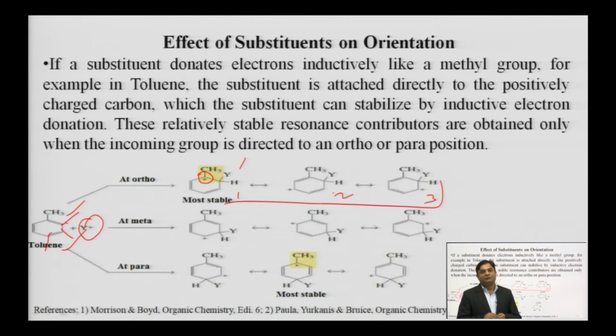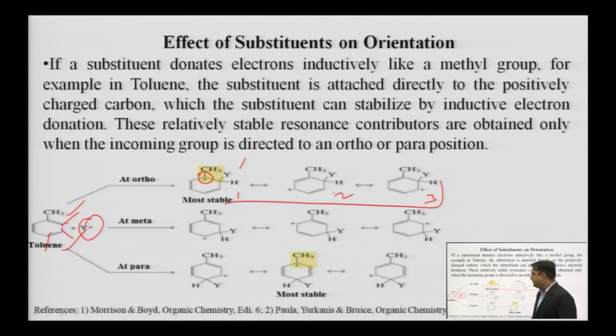Number 2, if there is a tertiary carbocation among the resonating structures, then it is more stable, it will produce a more stable carbocation, and after that it will produce a more stable product or major product in the reaction.